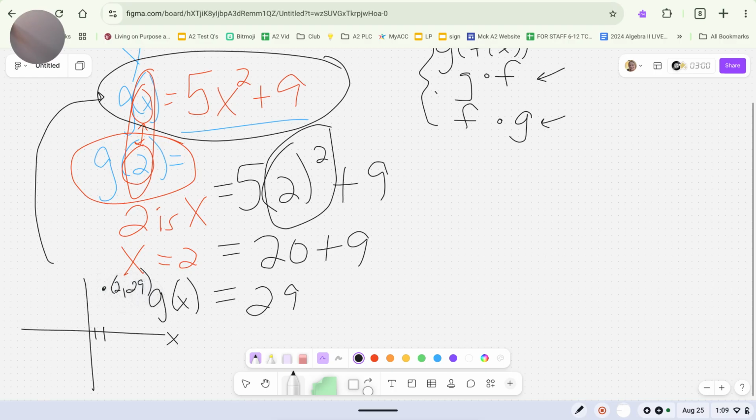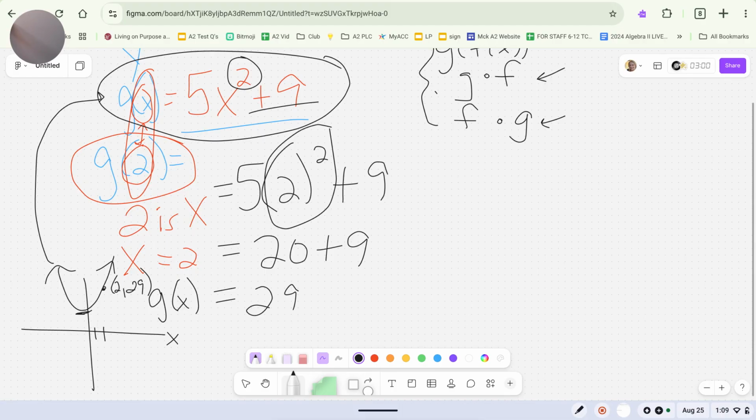So it means that I just plugged in a point for x, and I know that on that function, it's going to be some sort of parabola. It's going to be like this, right? Because it's an x squared, and it's going to be lifted up 9. The minimum is 9, y equals 9.